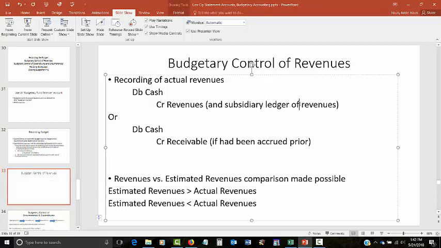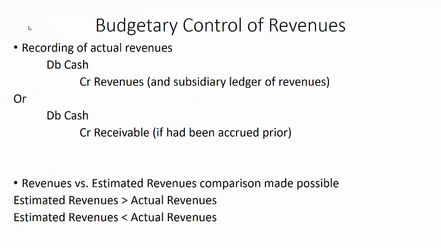Fix that real quick. And then if we had accrued the receivable earlier, we will debit cash and credit off that receivable when the revenues payment comes in. All right, so we're moving the numbers along.